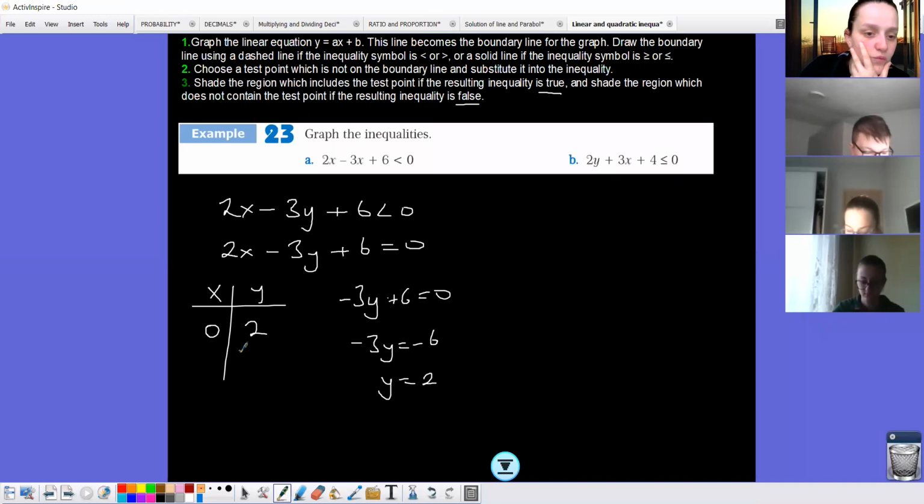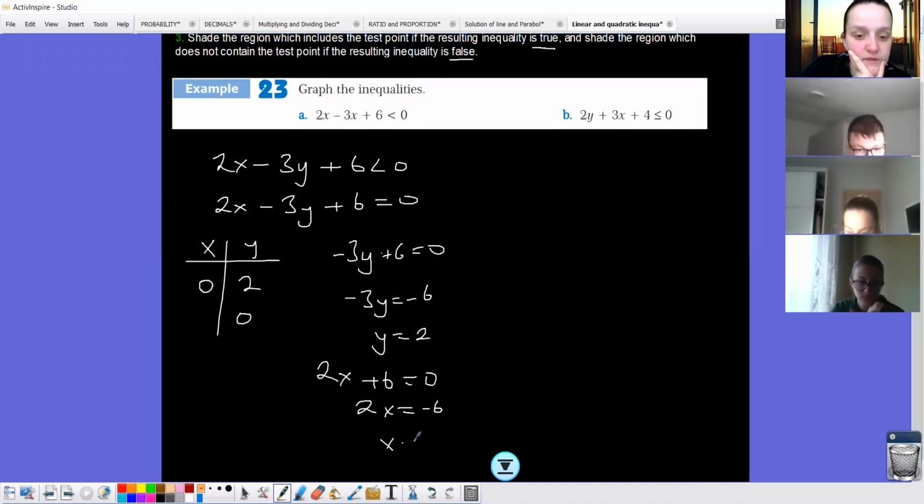If I give 0 to y, what I will get: 2x plus 6 is equal to 0, then 2x is equal to minus 6, and x will be minus 3.